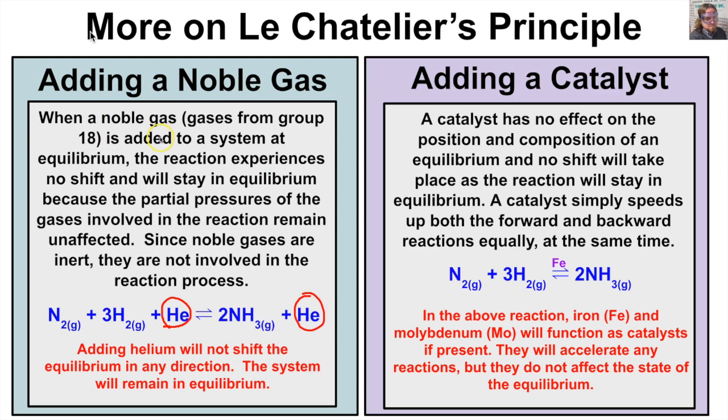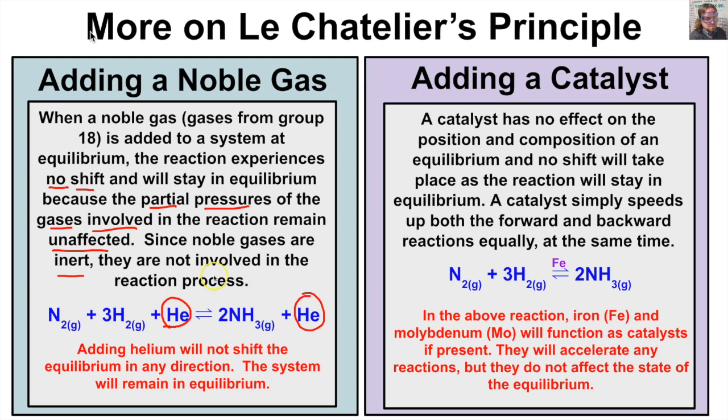It says right here that when a noble gas, that is to say gases from group 18, is added to a system at equilibrium, the reaction experiences no shift and will stay in equilibrium because the partial pressures of the gases involved in the chemical reaction remain unaffected. And since noble gases are inert, they are not involved in the reaction process.